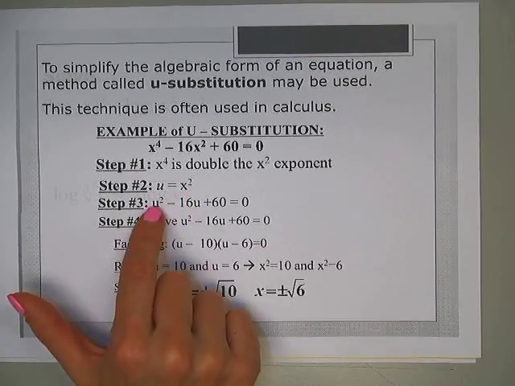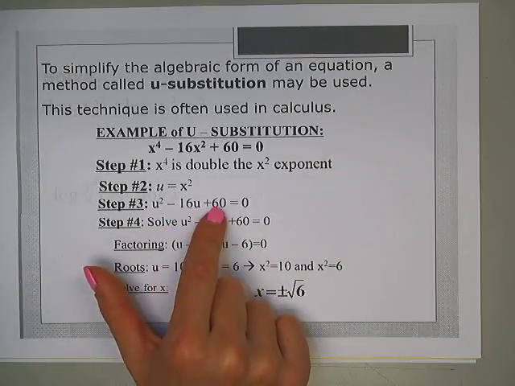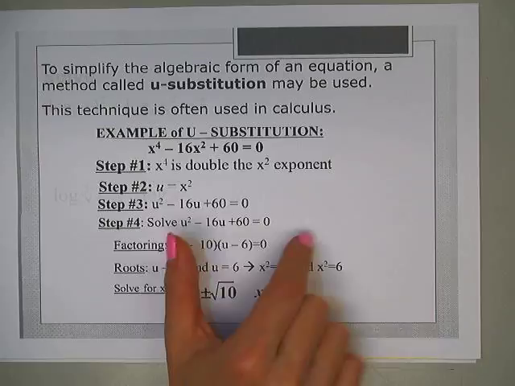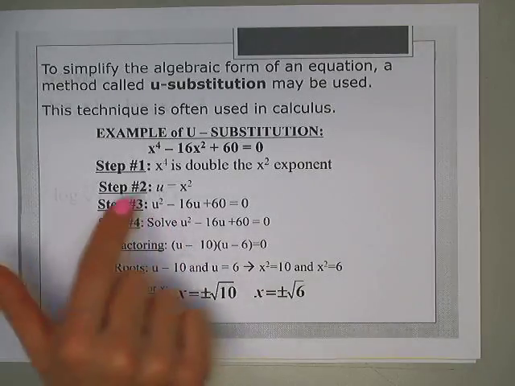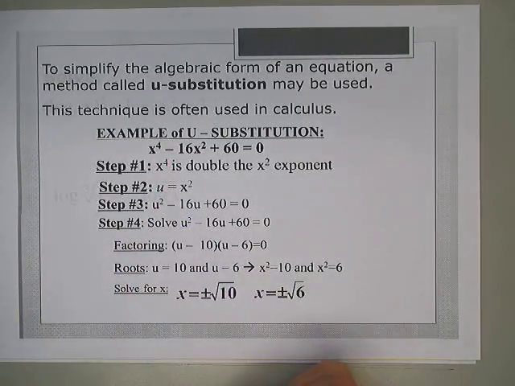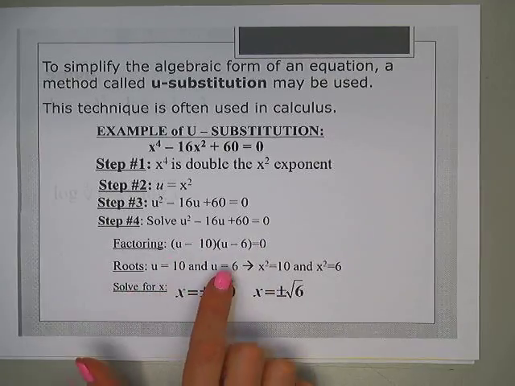Therefore, I can simplify this and change it into something a little bit less complicated or less intimidating. Defining what u is half the battle. So if we look at this equation, we want to set u equal to x squared. Watch what happens if we do that.